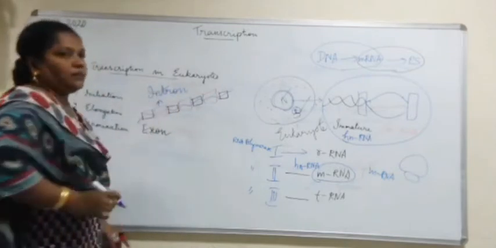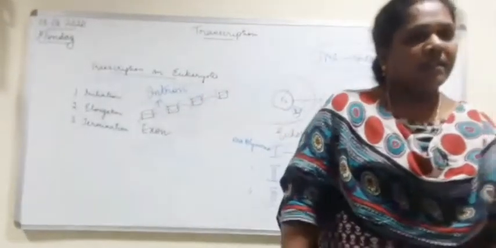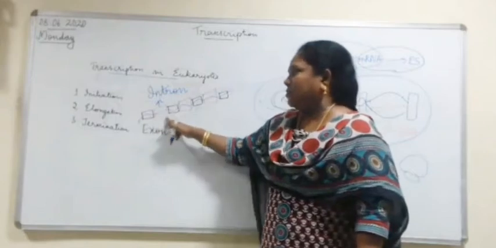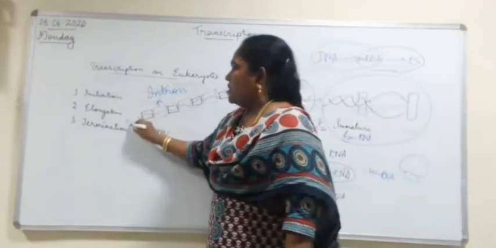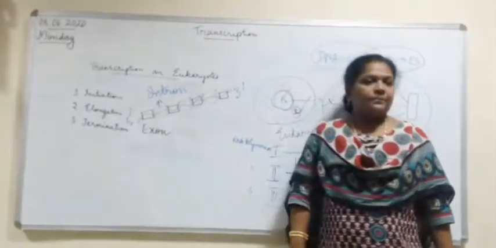Intron, I-N-T-R-O-N. And this is exon. There are two regions present here. They will be present alternately: exon, intron, exon, intron, exon, intron, exon, intron. It goes on. So this is the 5' end and this is the 3' end.